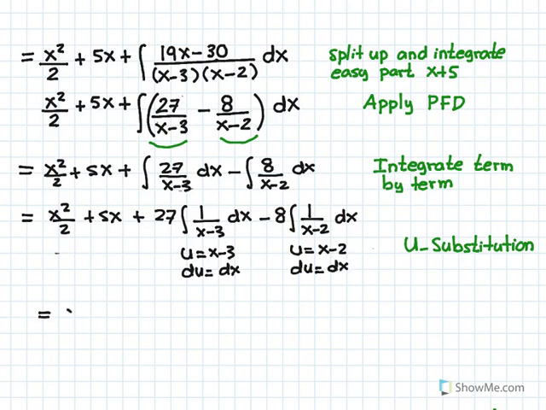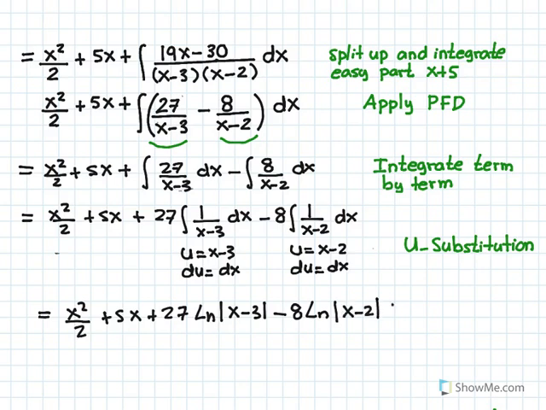So the result is x squared over 2 plus 5x plus 27 times the log of the absolute value of x minus 3, minus 8 times the log of the absolute value of x minus 2, plus c. This is the answer. All right, thanks.